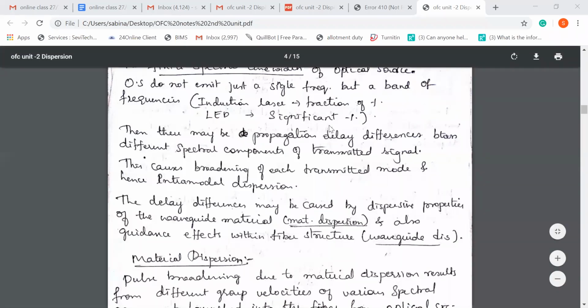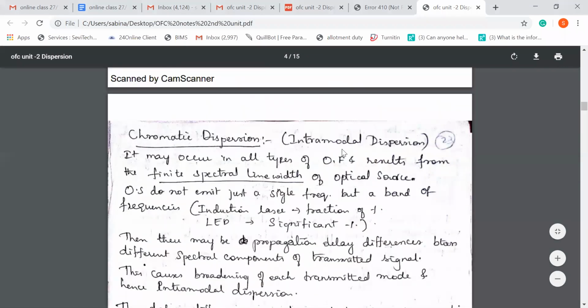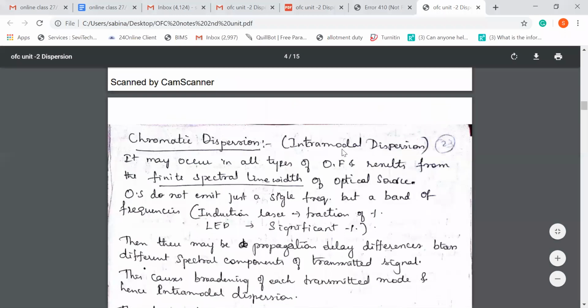Can you please tell me what is chromatic dispersion?